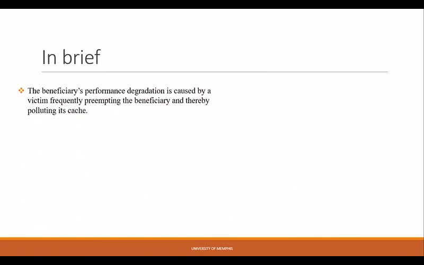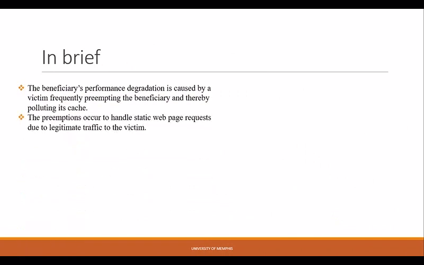So this is the situation now. We have the beneficiary performance degraded as we have just seen, and this degradation is caused by the victim frequently preempting the beneficiary and thereby polluting its cache because it's serving web requests. Every time it gets a request, it will preempt the beneficiary and use the cache, polluting the cache.